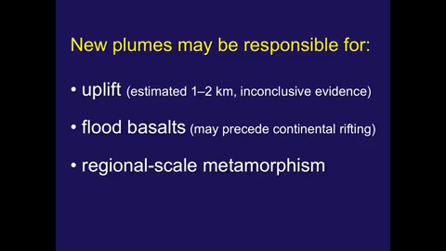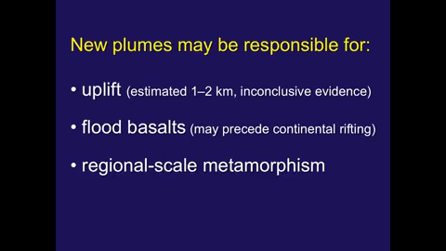These plumes may be responsible for uplift. Since they're rising and they're more buoyant, they could lift the Earth's crust up to 1 or 2 kilometers higher, although we don't really have all that much evidence for that, but it appears to be consistent with these rising mantle plumes.